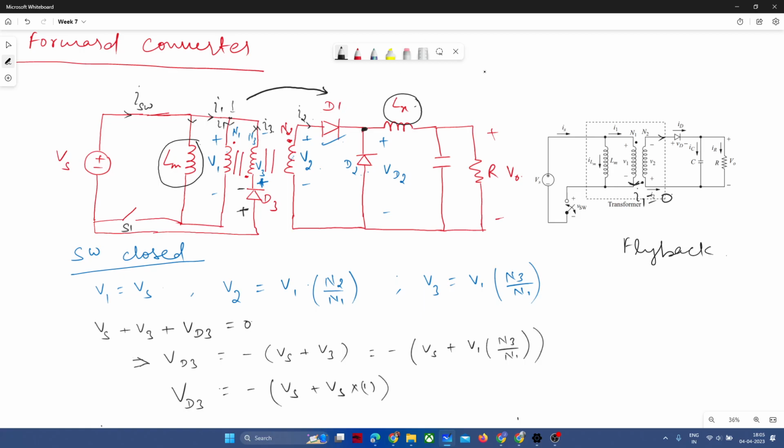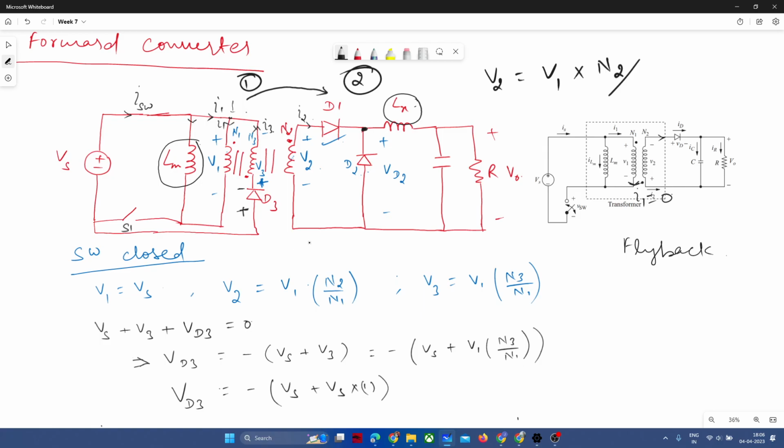So V2 is equal to V1 first, times, in the numerator, the turns of the side where we are transforming to, and in the denominator, the turns of the side from where we are coming. Let us say this is side 1 and side 2. We are going to side 2, the secondary of the transformer, so we write the turns of the secondary in the numerator, and in the denominator the turns of the side from where we are coming.